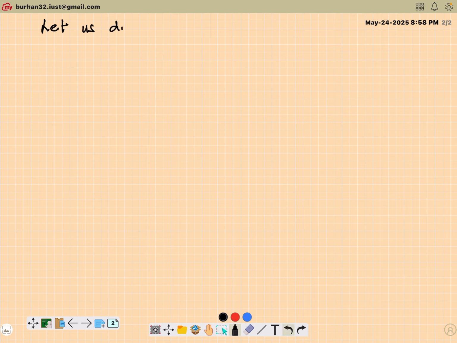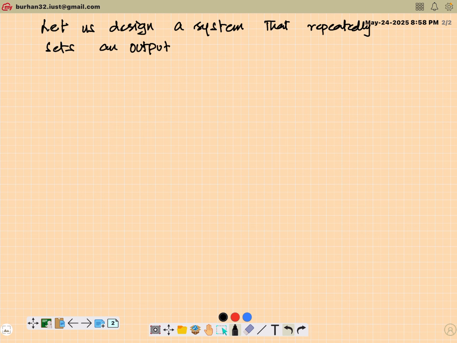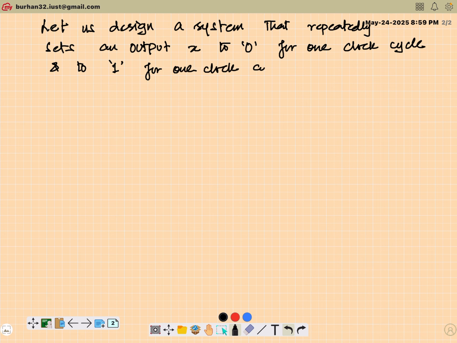So let's consider a simple on-off system that repeatedly sets an output, let's denote that output by a variable x, to 0 for one clock cycle and then to 1 for one clock cycle.